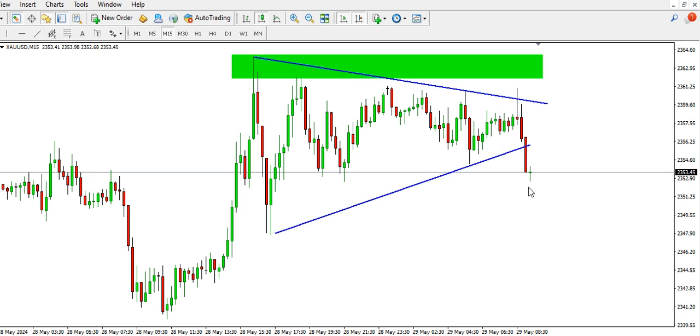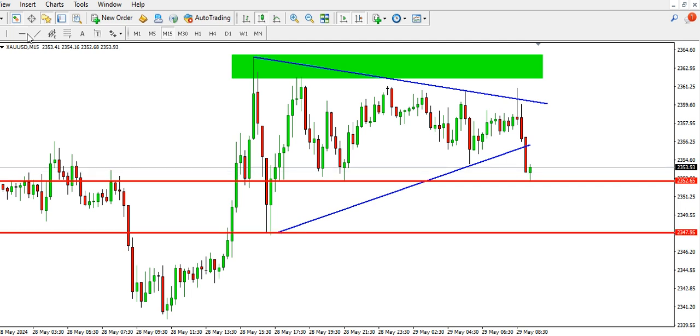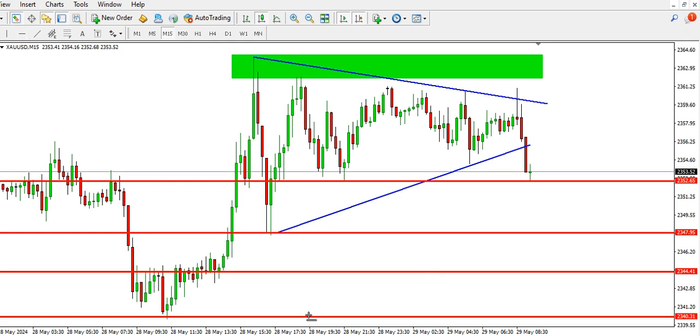If price is going to drop further, it has already reacted to this particular support at 2352. A further break below 2352, we might see it react at 2347, then 2344, and then around 2340. But for now, the bears are trying to push price downwards.